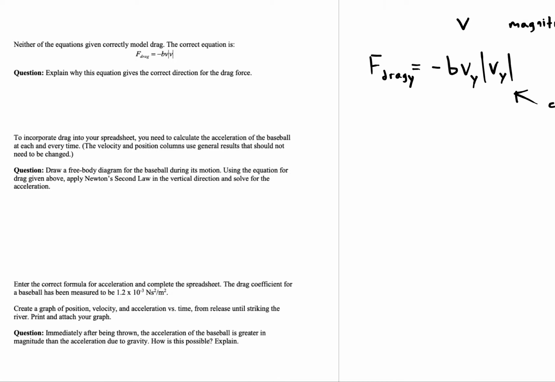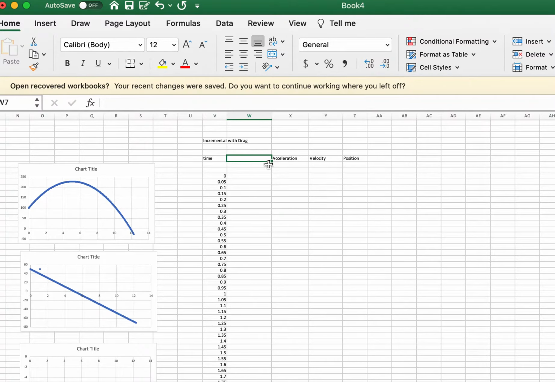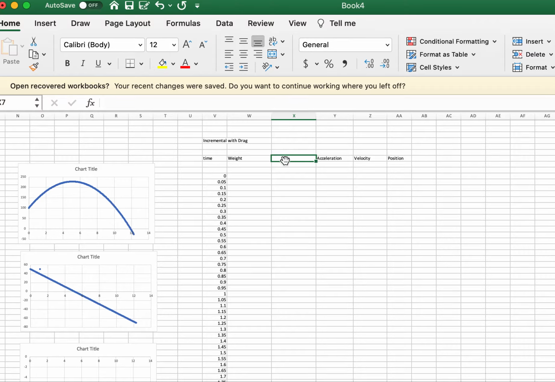All right, so we can create a column for it. Let's type in my acceleration, velocity, and position. We could even include a column for the weight, and a column for the drag force.